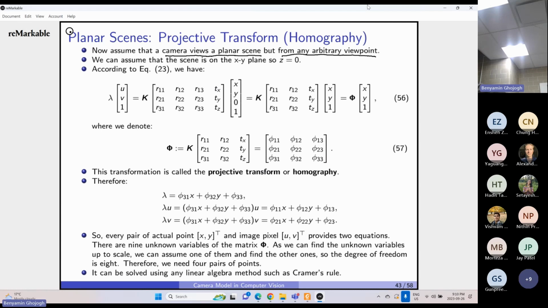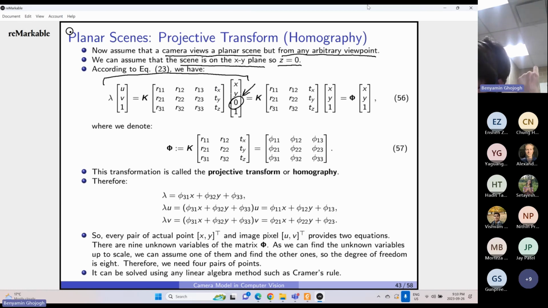So again, I assume that the scene is on the xy plane, so z is 0. So consider the famous mapping equation. I set z to 0 because my scene is planar. As I have 0 here, what happened?